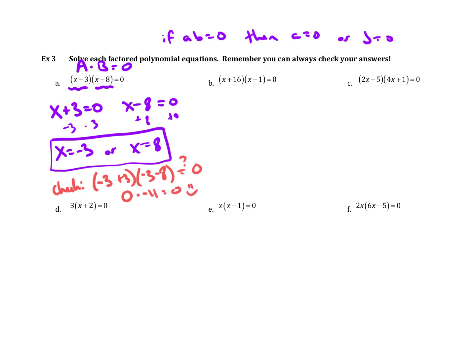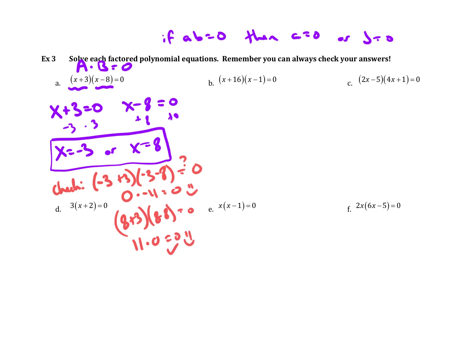So it works. What if I check x equals 8? I would have 8 plus 3 times 8 minus 8. 8 plus 3 is 11, but 8 minus 8 is 0. 11 times 0 is 0. So we're happy again. Both of them work.